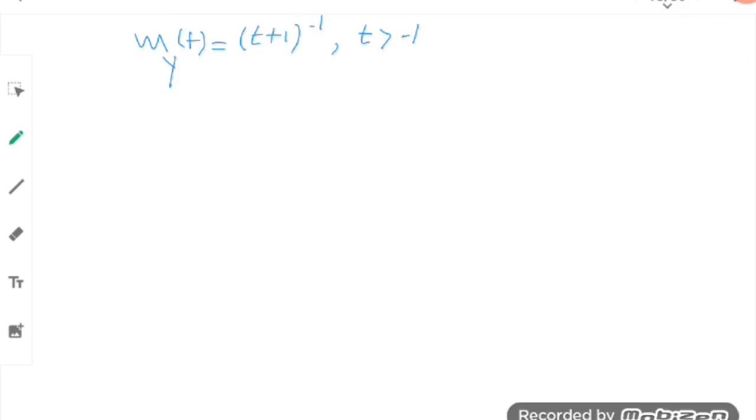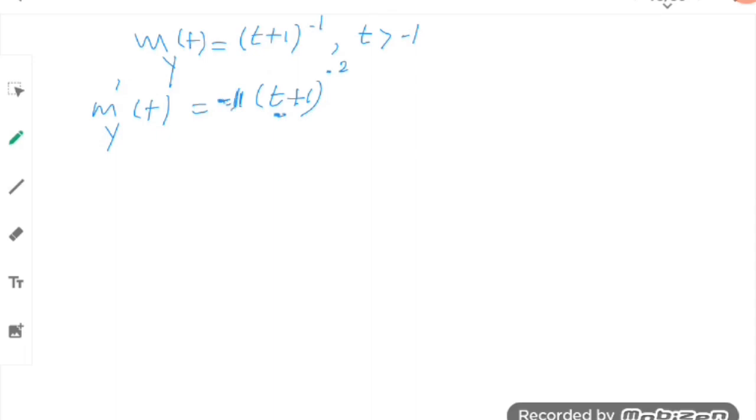To find the first moment, we need to differentiate this moment generating function with respect to t. We have a power function, so this will be negative 1 times t plus 1 all to the power negative 2, since the derivative of t plus 1 is 1.